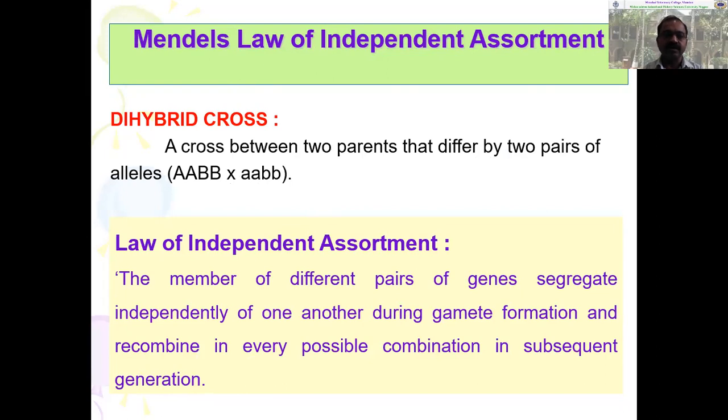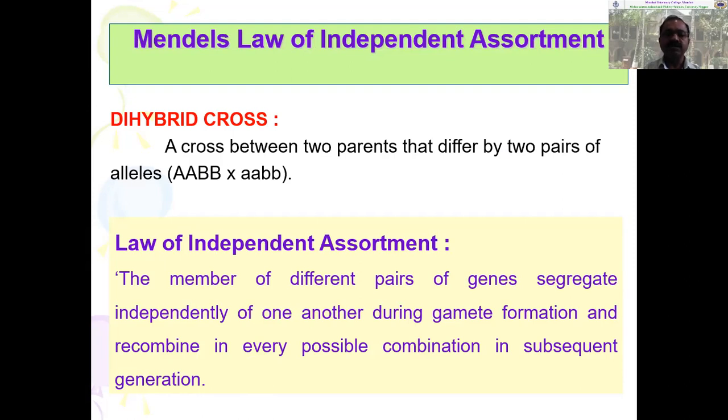Similarly, he considered the color of the seeds as well as the softness of the seeds, whether wrinkled or round. On the basis of these crosses, he gave the second law, the law of independent assortment, which states that members of different pairs of genes segregate independently of one another during gamete formation and recombine in every possible combination in subsequent generations.